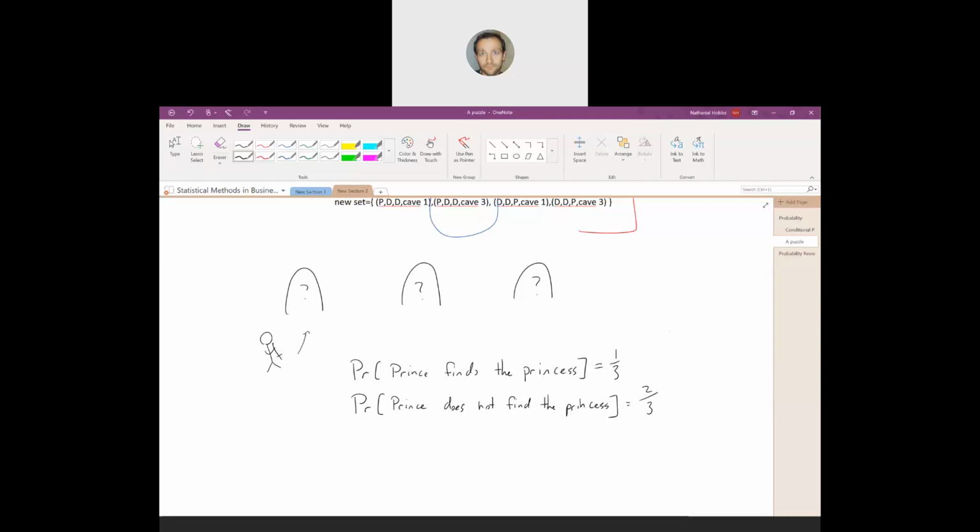So then, if you're probably wrong about something, and then you get information, the wizard tells you that there's a dragon in a cave. This is the extra information. And this is before wizard.